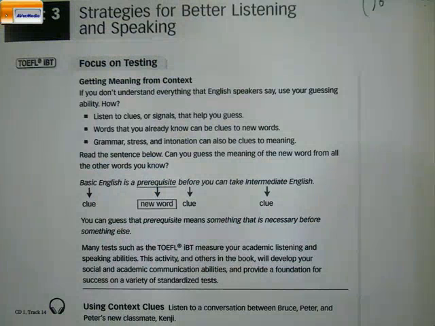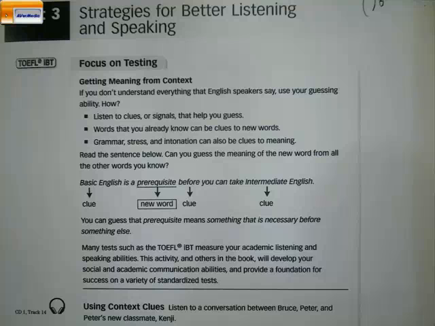Getting meaning from context. If you don't understand everything that English speakers say, use your guessing ability. How? Listen to clues. That helps you guess. Words that you already know can be clues to new words. Grammar, stress, and intonation can also be clues to meaning. Read the sentence below.